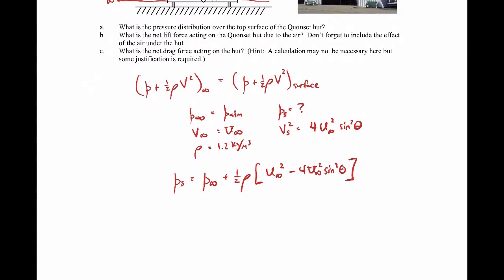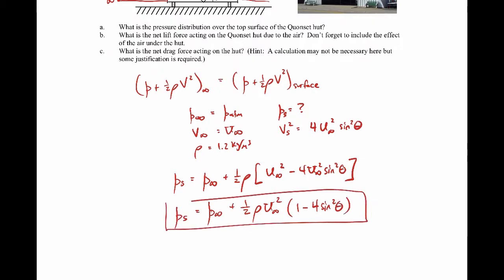And we can write that a little more concisely by bringing the u infinity outside. So that's the pressure on the surface of the cylinder.